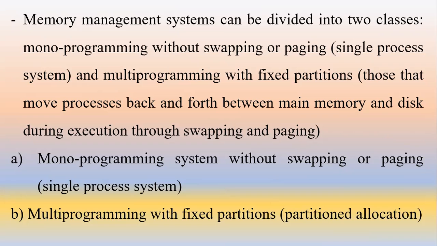So, the two classifications are the monoprogramming system without swapping or paging, which we also call the single process system, and multiprogramming with fixed partitions, which we also refer to as partitioned allocation.